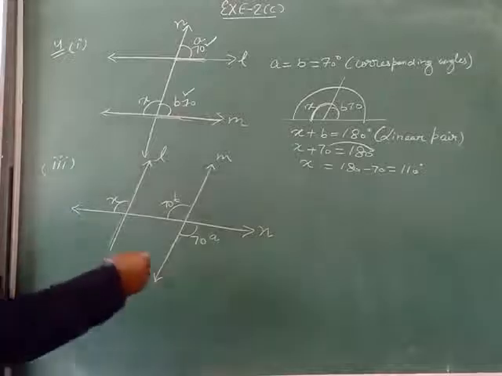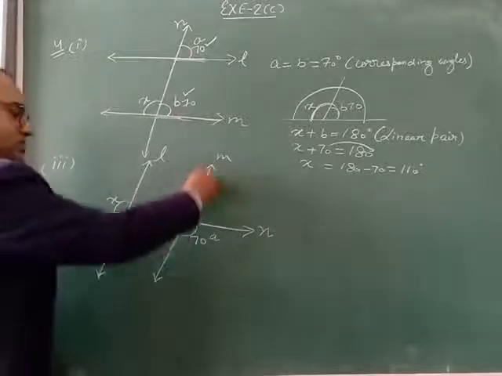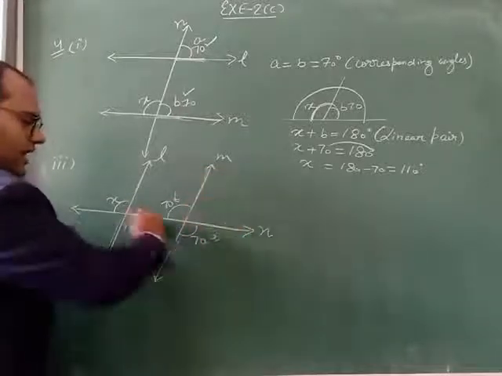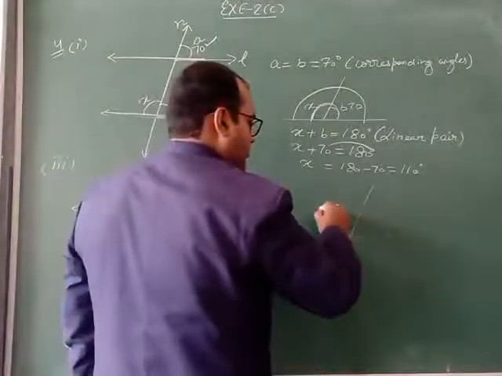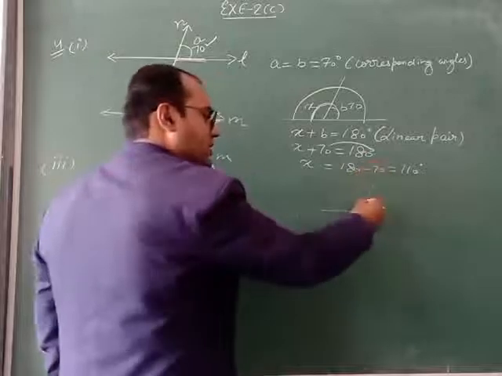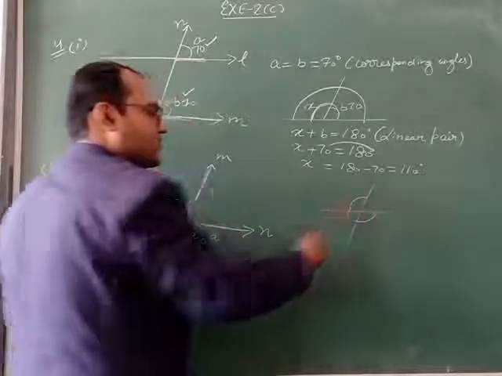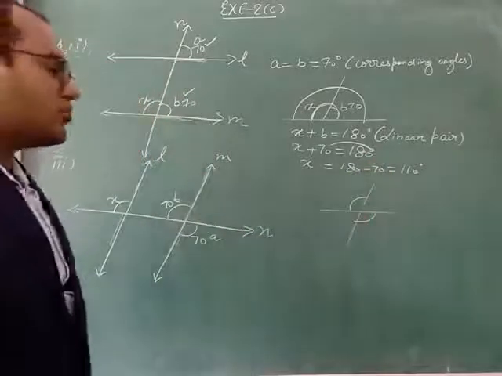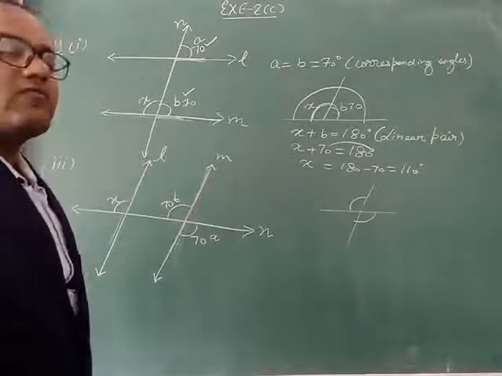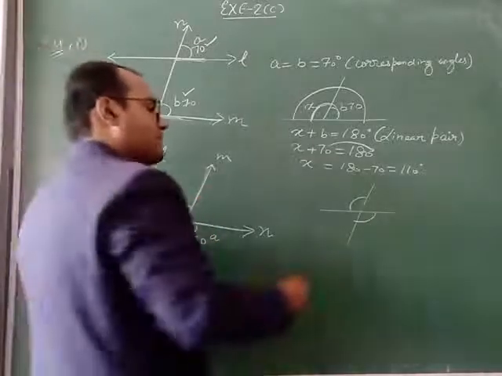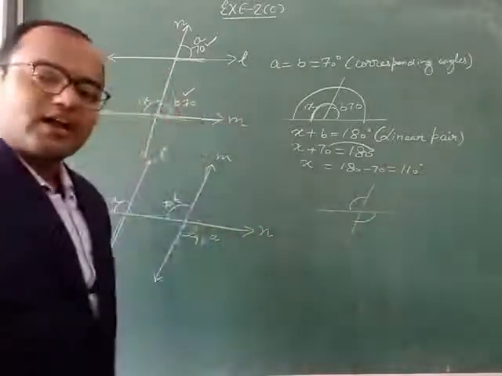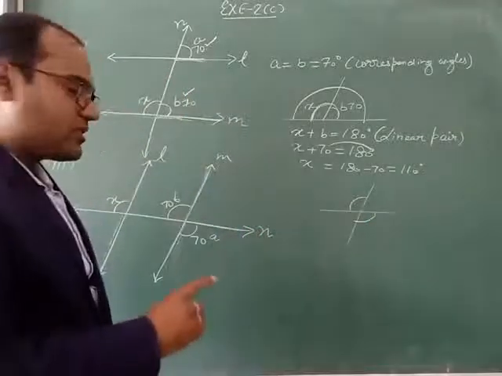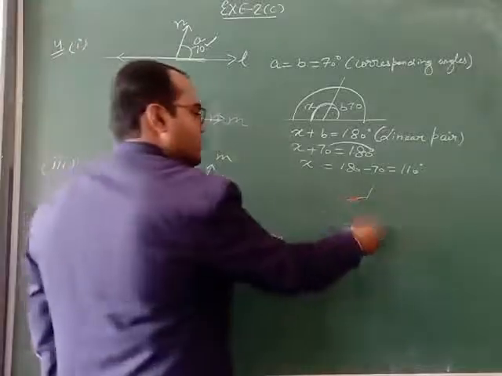How will we bring this angle from here to here? This is a cross, an X shape figure. And for an X shape figure, I told you, whenever a cross is there, these two angles will be equal. In the previous exercise I explained that such angles are known as vertically opposite angles. This is the first line, this is the second line. Two straight lines are intersecting each other, therefore opposite angles will be equal.